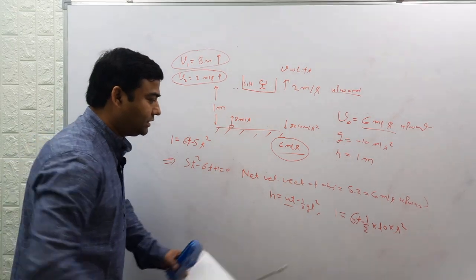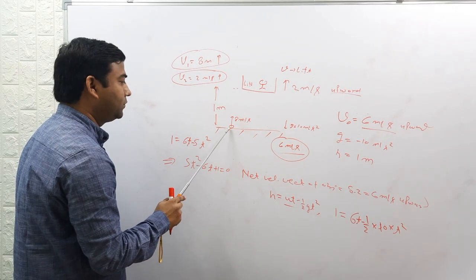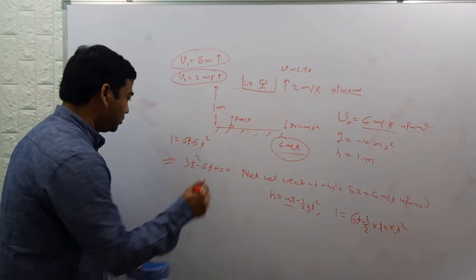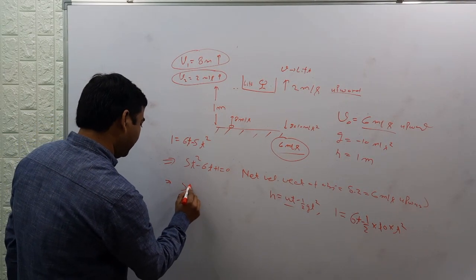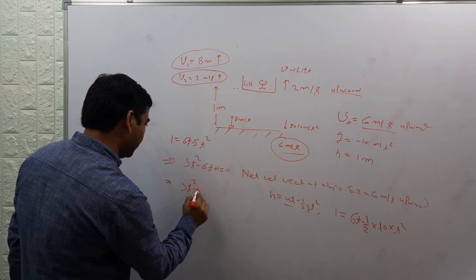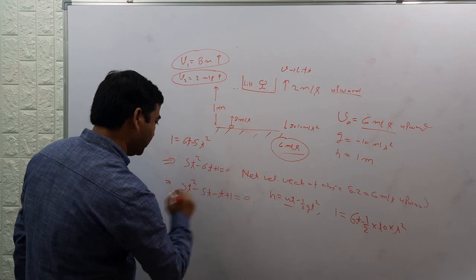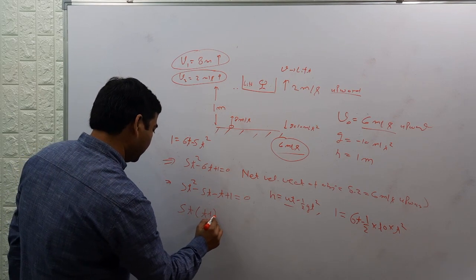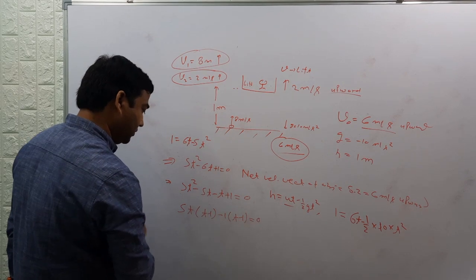So let t be the time taken by this ball or object from the ground to the floor of the lift. This can be written as 5t square minus 5t minus t plus 1 is equal to 0. This can be written as 5t into t minus 1 minus 1 into t minus 1 is equal to 0.